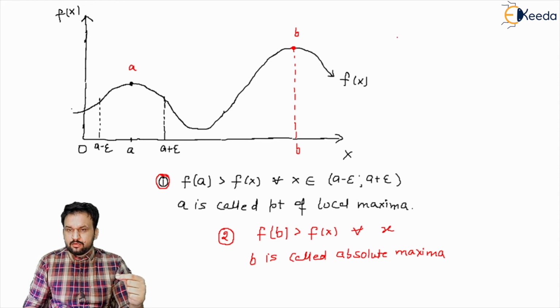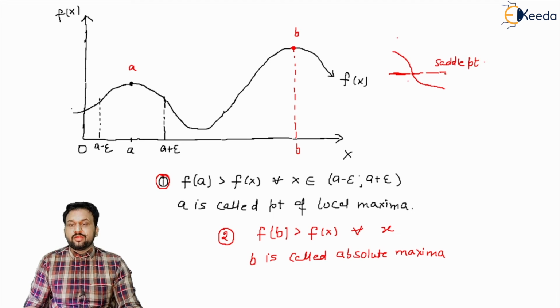Like the function is moving like that, where it is moving here. So this point is known as a point of inflection, or also a saddle point. In the complete methodology, we will also find these kinds of points.